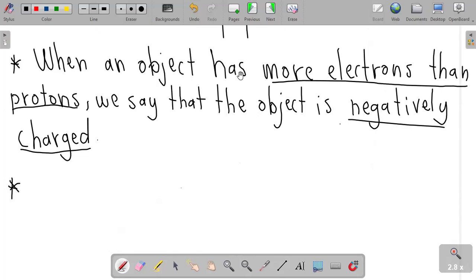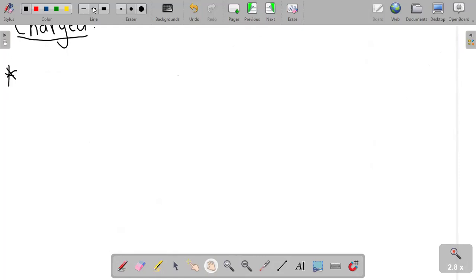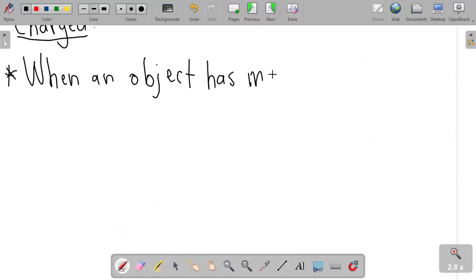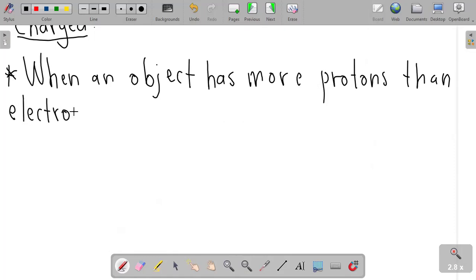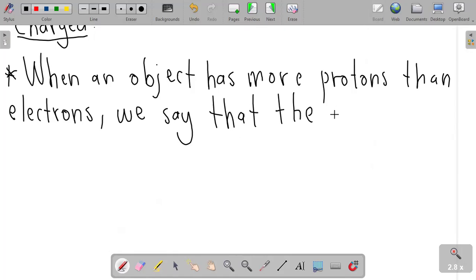And then the opposite definition: when an object has more protons than electrons, we say that the object is positively charged.